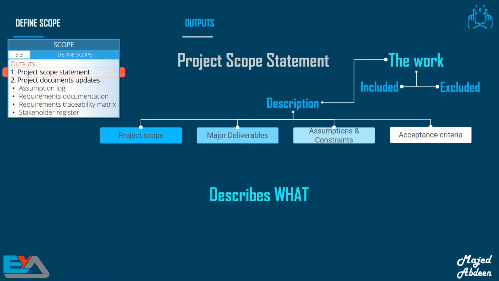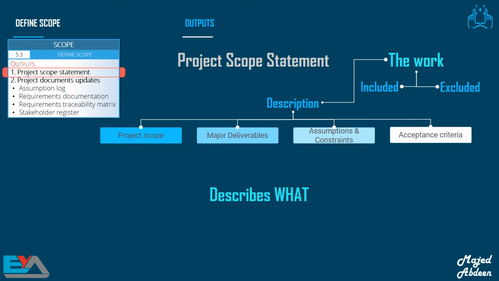The project scope statement document is the primary output of the defined scope process. It's a document that provides the basis for making future decisions, such as scope changes. It's used to make sure that all stakeholders have a common knowledge of the project scope.